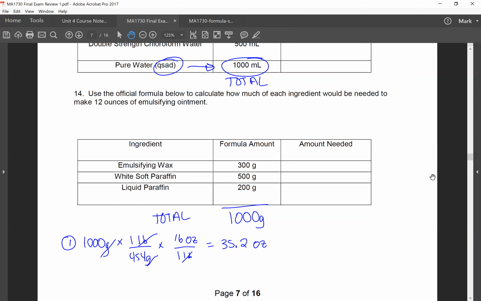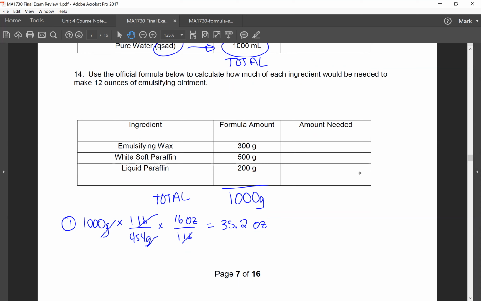Now what I want to do is use equation 3 on your formula sheet. I need to find the conversion factor. So the conversion factor is, and this is straight from your formula sheet, the quantity of desired over the quantity of formula.